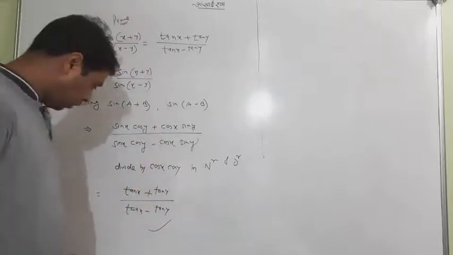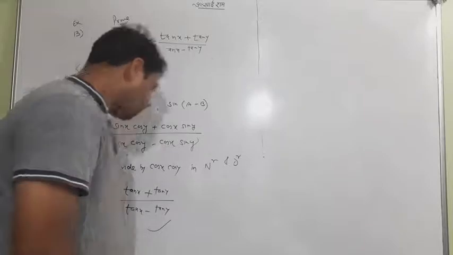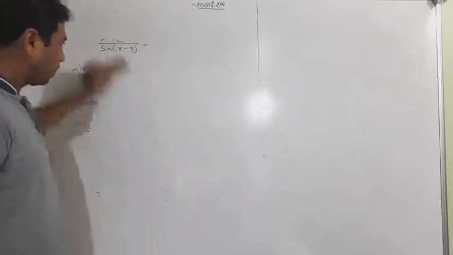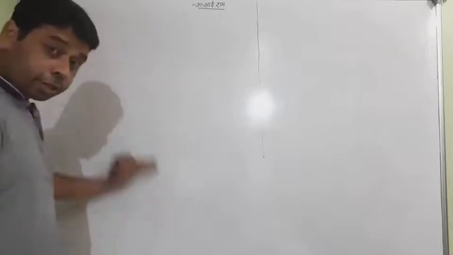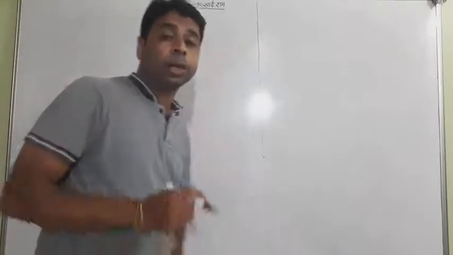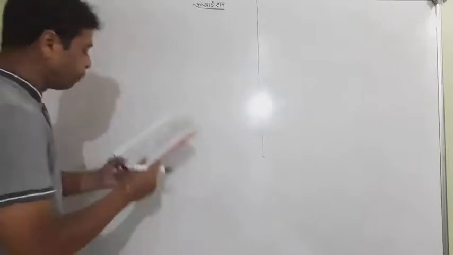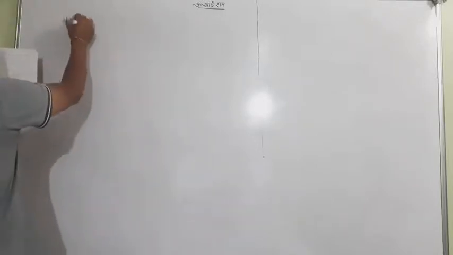Nothing hard. The next example I am telling you. Look at it. The next one is very interesting and very important for the exam, so do this at top priority. Example number 14.